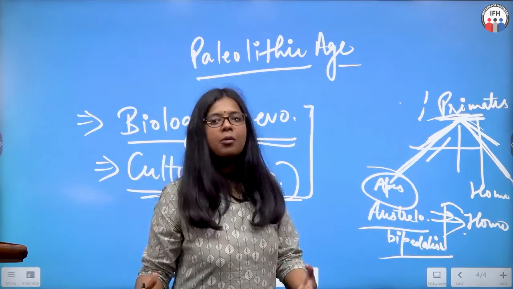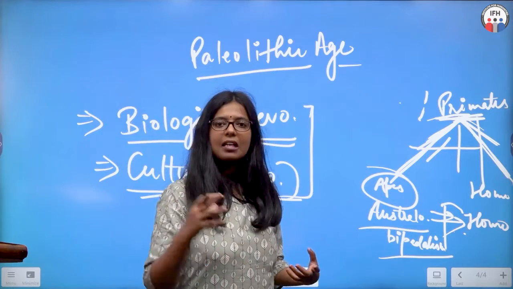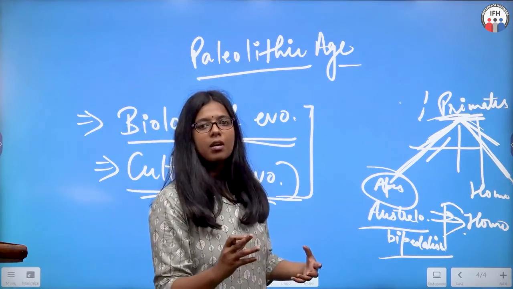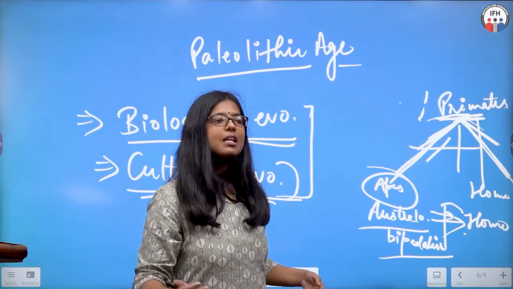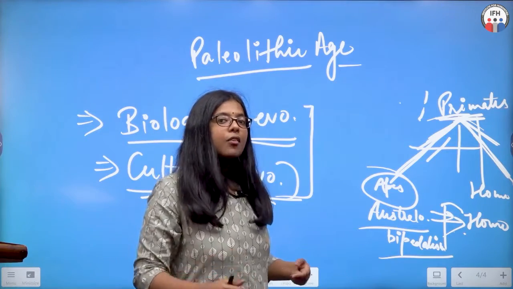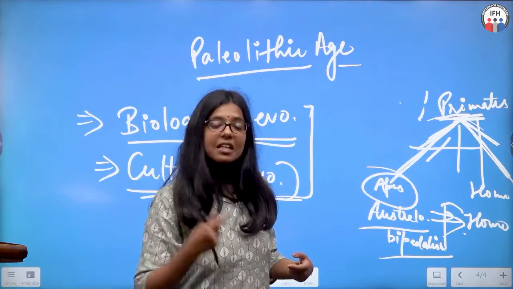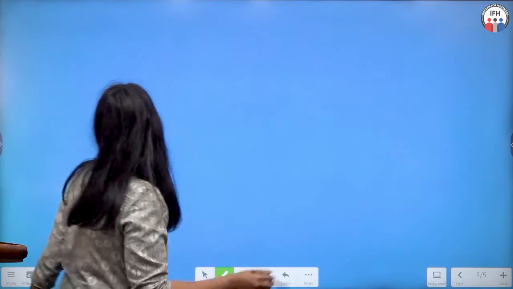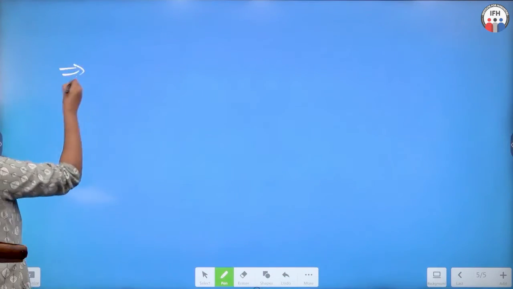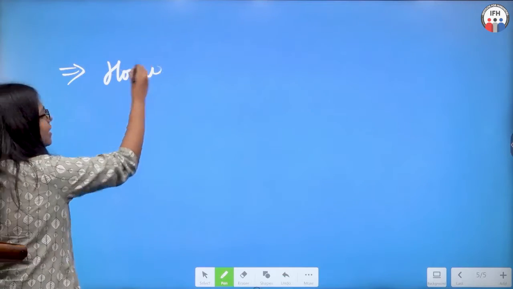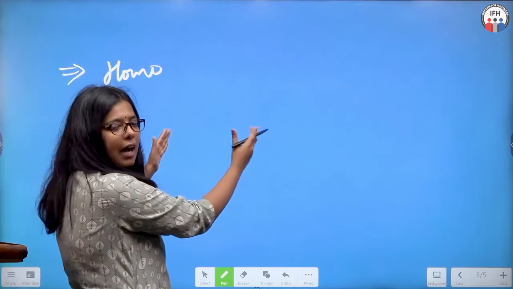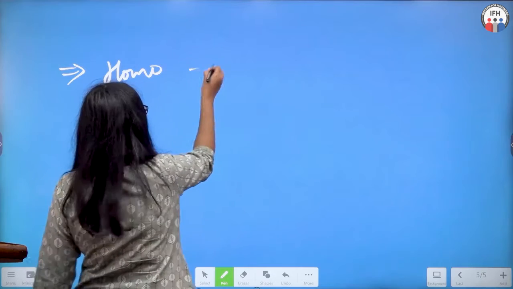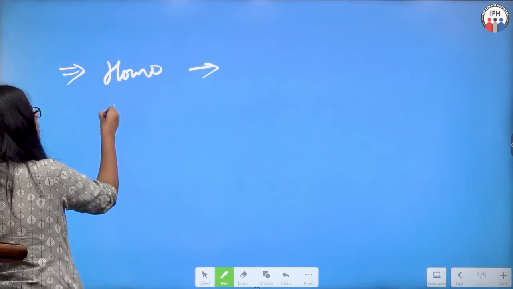Why? Because now humans are using their mental faculties and they have picked up a stone to protect themselves, to use it for their own good without exhausting themselves physically that much. So this is something that we are concerned with. Homo and Australopithecus are a different strand. We are here now when the cultural evolution is beginning.